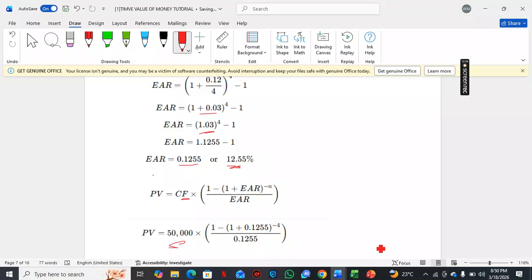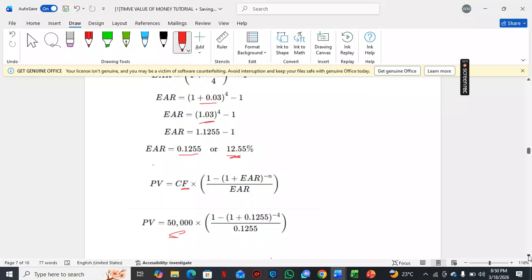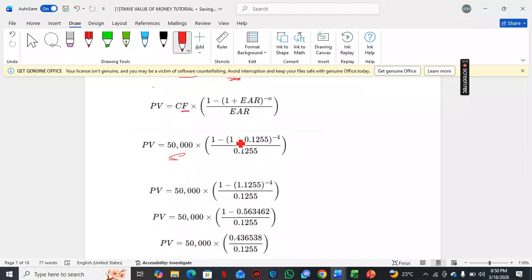Over 0.1255. So you just add 1 plus 0.1255, 1.1255. Raise to the power negative 4, you get 0.563462.